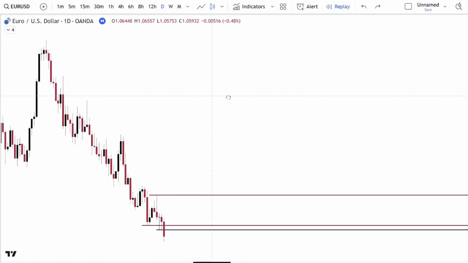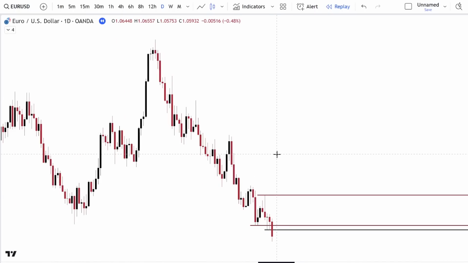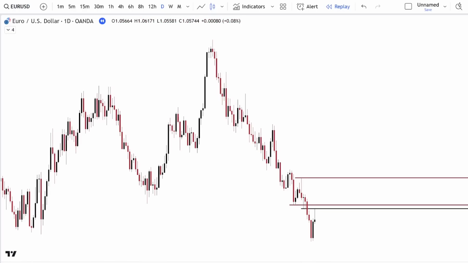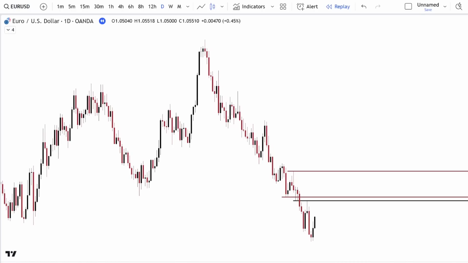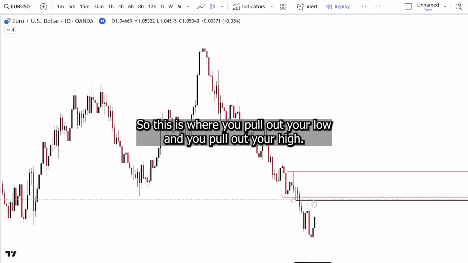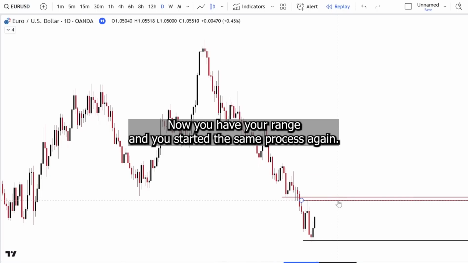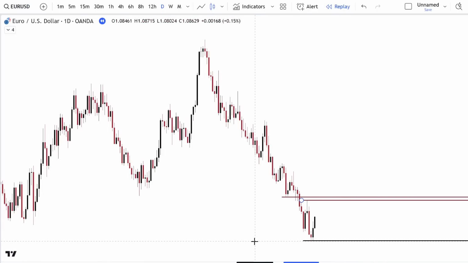And of course, if anything, at least you know the next few days or a week will be bearish. And that's how I personally look at trends. This is how I find my daily bias or weekly bias. And here you have a new range. So this is when you pull out your low and you pull out your high. Now you have your range and you start the same process again.